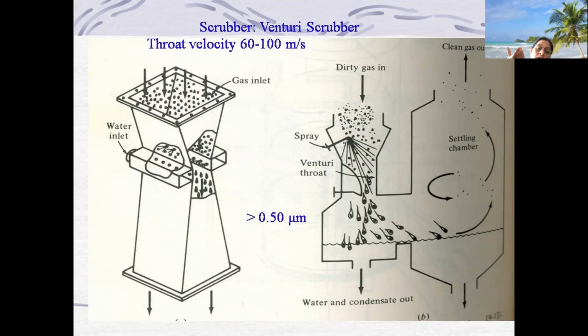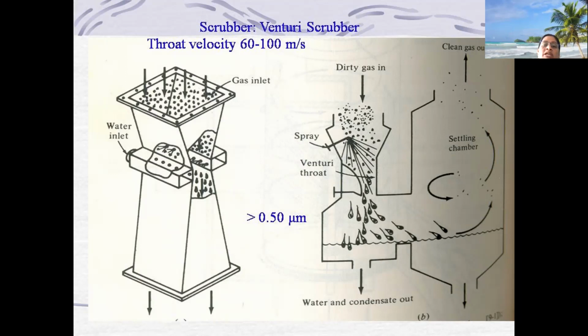Means you can imagine, the settling chamber was applicable to remove particulate matter whose size is greater than 50 micron, whereas the Venturi scrubber is effective at removing particulate matter greater than 0.5 micron.